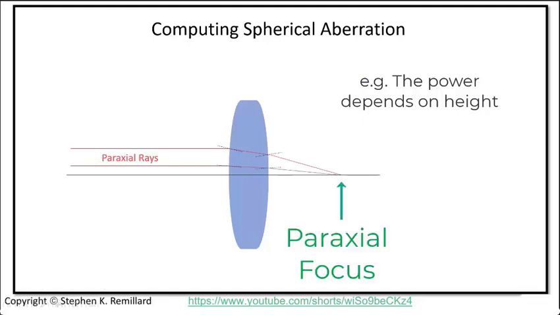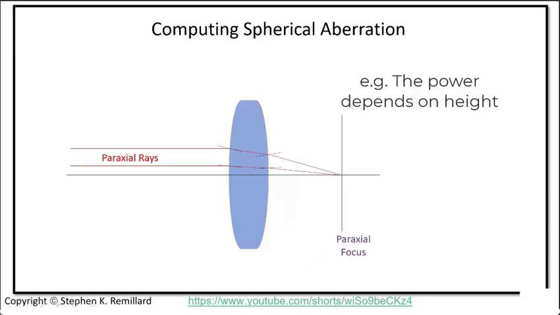A ray that comes in lower will also strike the optical axis at the same point, in which case you can say that these two rays are focused. They are paraxial rays. They're close enough that they both meet at the paraxial focus, as opposed to a ray that comes in farther up, for example, the marginal ray, which is way at the outer edge of the lens. It will arrive at a different point.